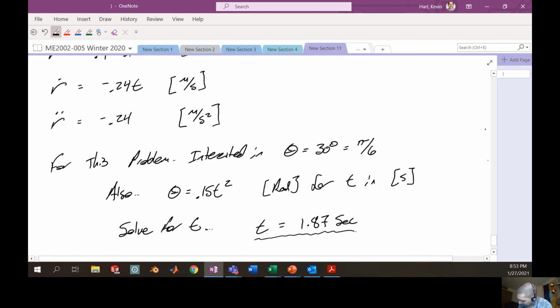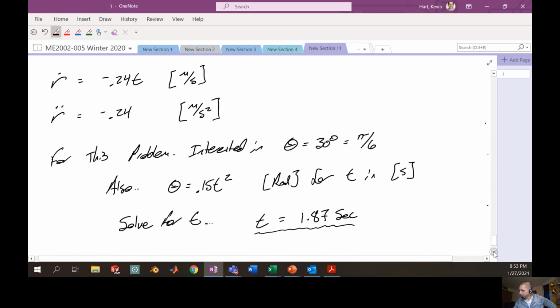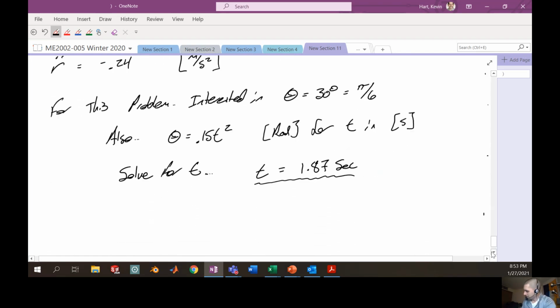So this is an important intermediate step in this problem, because this will help us define these positions. Now, with that information, we can just go ahead and calculate what our position is at this particular time.